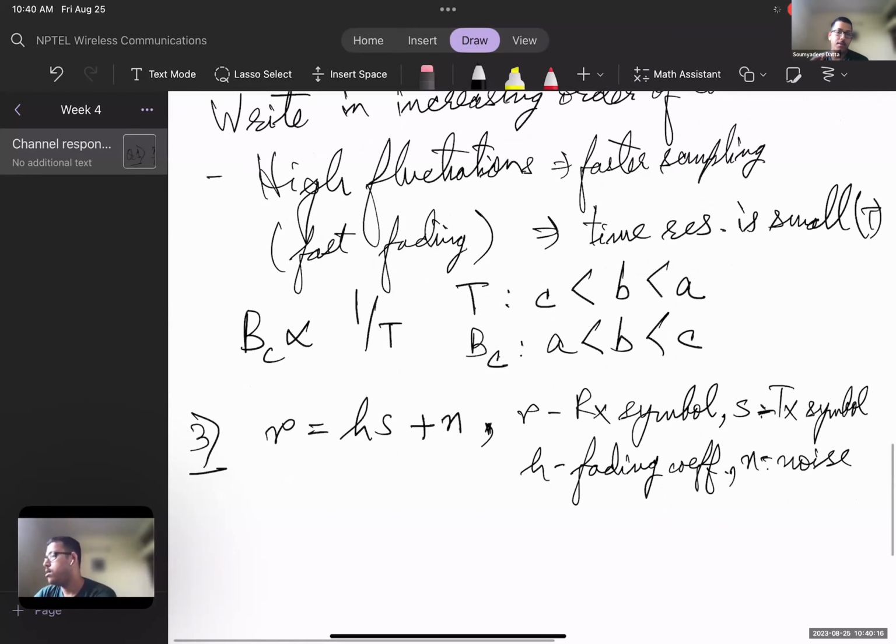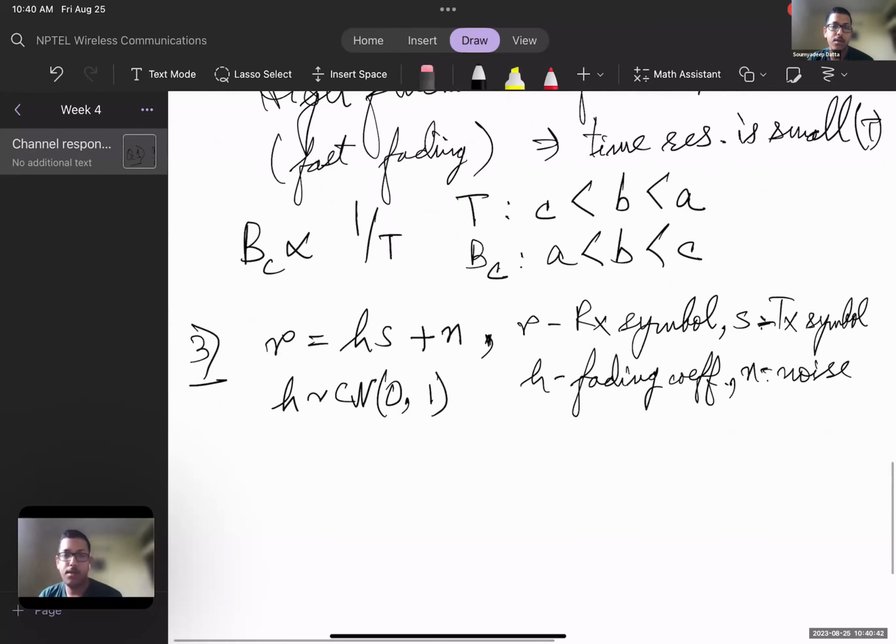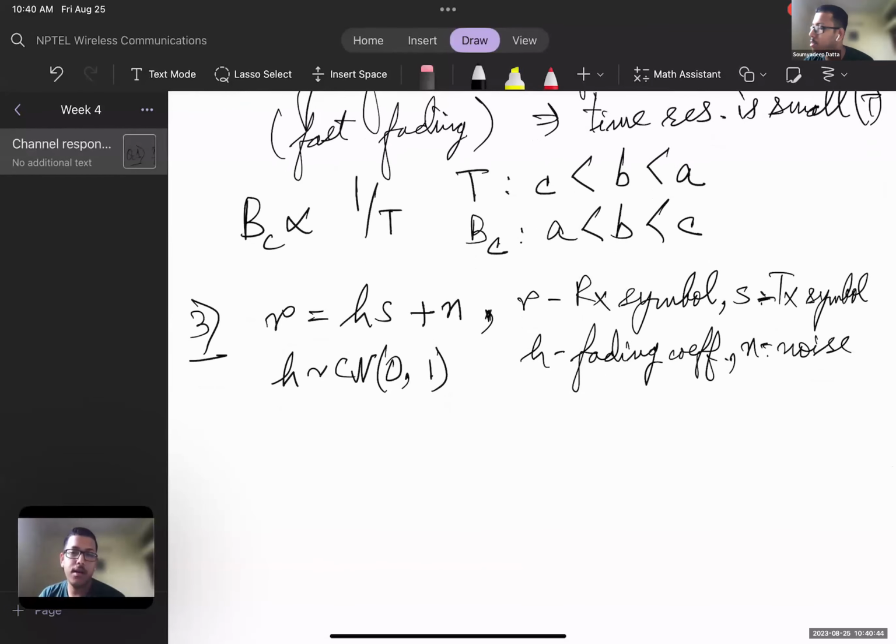This is a typical model of some kind of channel. And you are told that H, the fading coefficient, is distributed as complex normal with mean 0 and variance 1. Let's do 1.